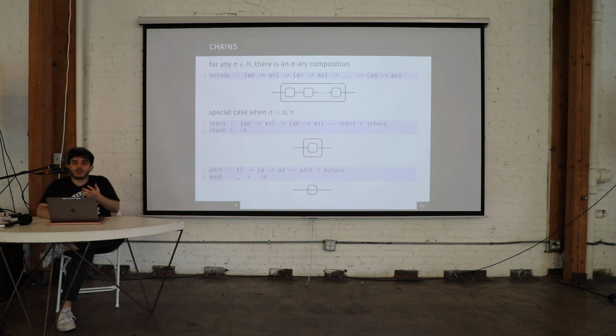But what about 0 inputs? Well, that has a meaning too. 0 inputs means that the input type is nothing, it's the unit tuple. And the output type is the mapping type from A to itself, or A to A, if you like, to continue those patterns.